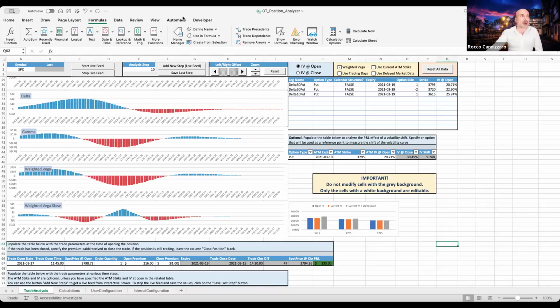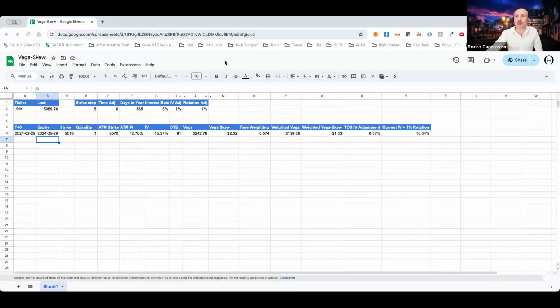So obviously, as I was saying, I cannot share this particular spreadsheet, but I created a Google sheet that I'll show you in a second. So this document, hopefully you can see it.